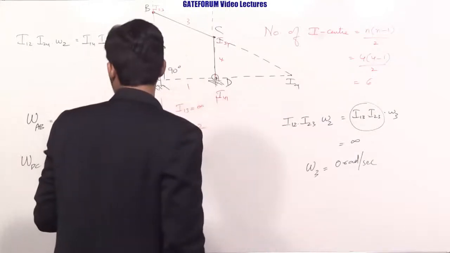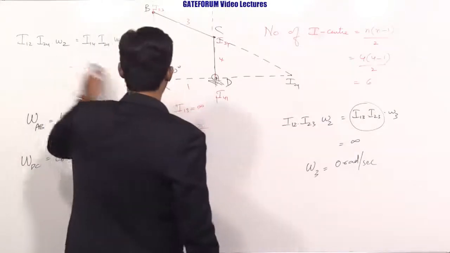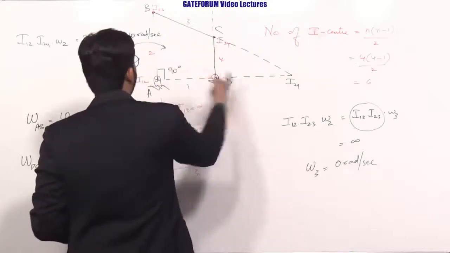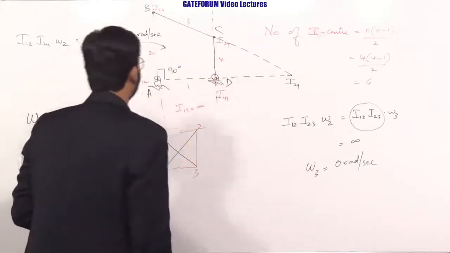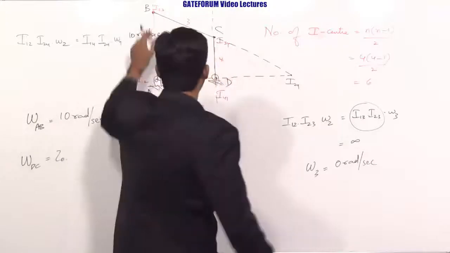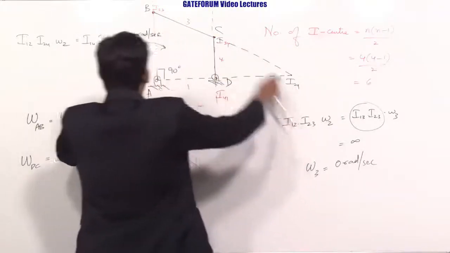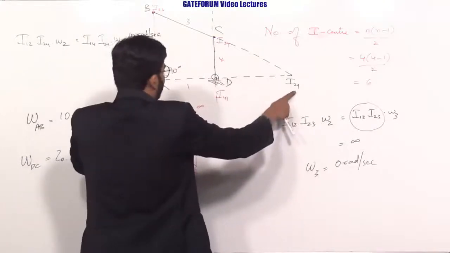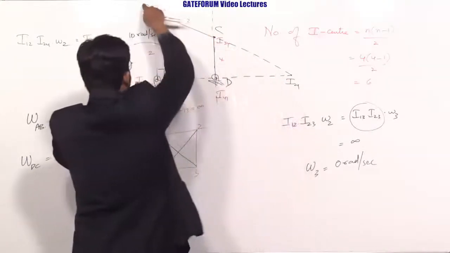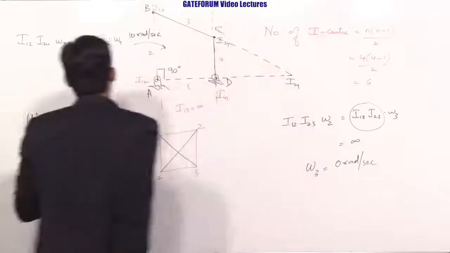Omega 2 is the second link, that is AB, and this is link CD. So this is forming similar triangles. Whether I take the ratio of this length to this length, or this length to this length, my answer will be the same.